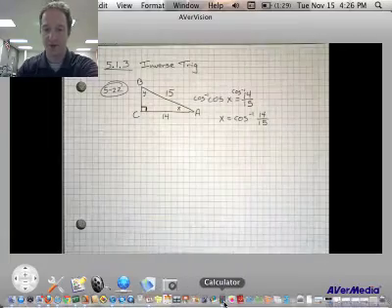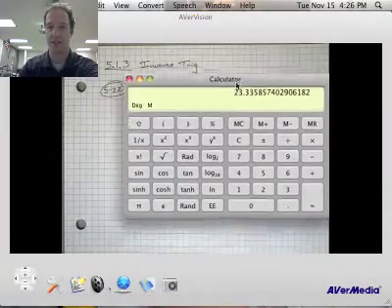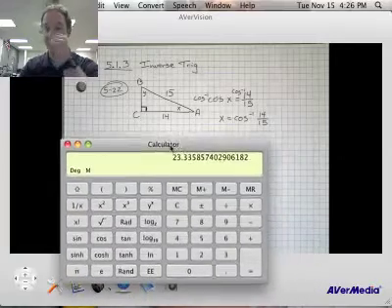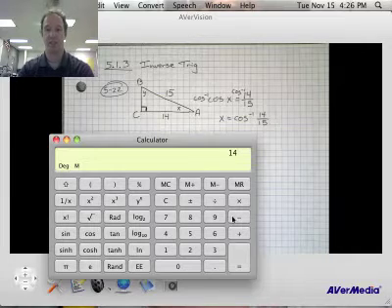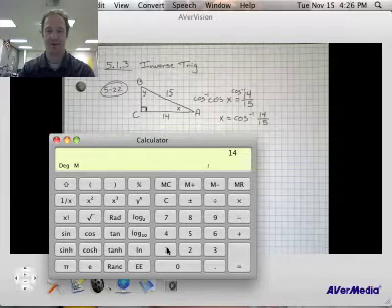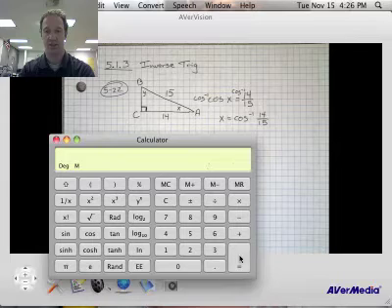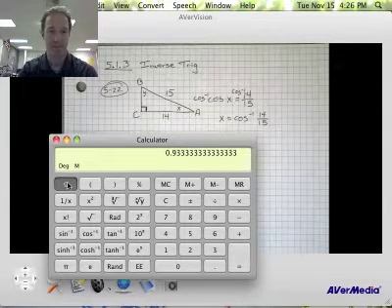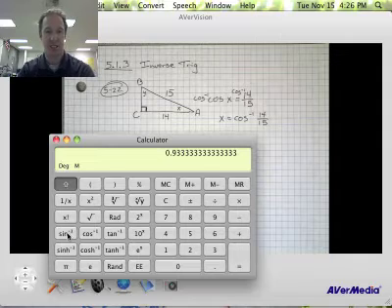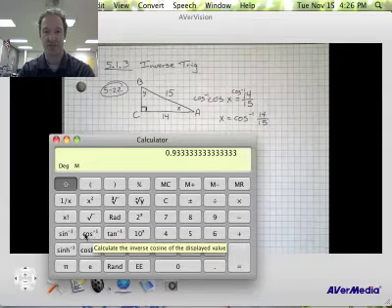Now for this, you are going to need your calculator. On my calculator, I've got to do 14 divided by 15 first, and there's a fraction, that's 14 over 15. And then I hit shift, and then I want inverse cosine, and that button's right here.